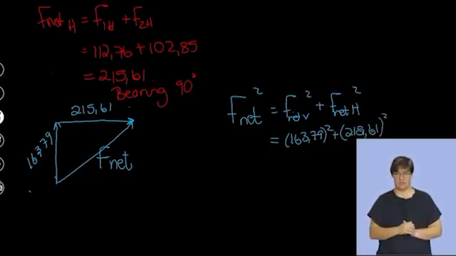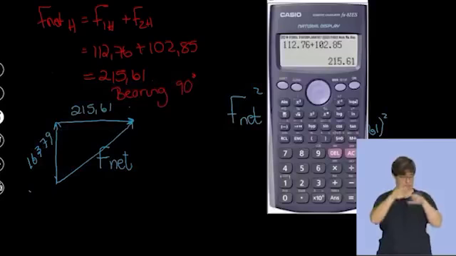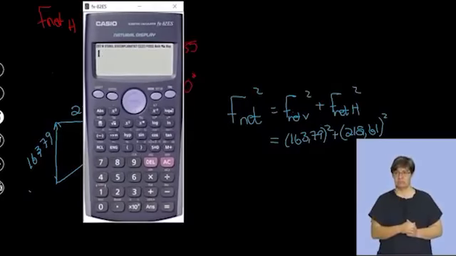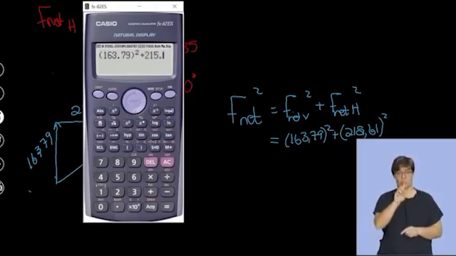Okay, I definitely can't do this in my head. So let's put this in the calculator. So we're going to go 163.79 squared plus 215.61 squared. Let's do that again. 163.79 squared plus 215.61 squared.